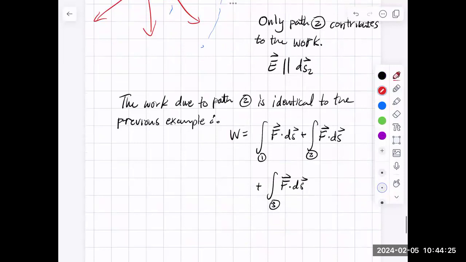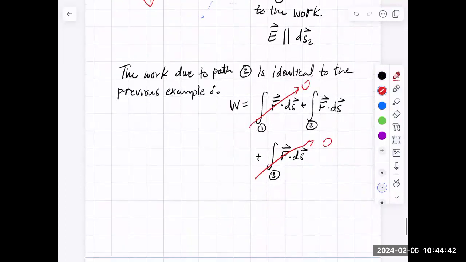But we've already argued that the first one and the last one are going to contribute nothing. And then we already know the result from before, what was it? It was minus KE times Q times 1 over R2 minus 1 over R1.